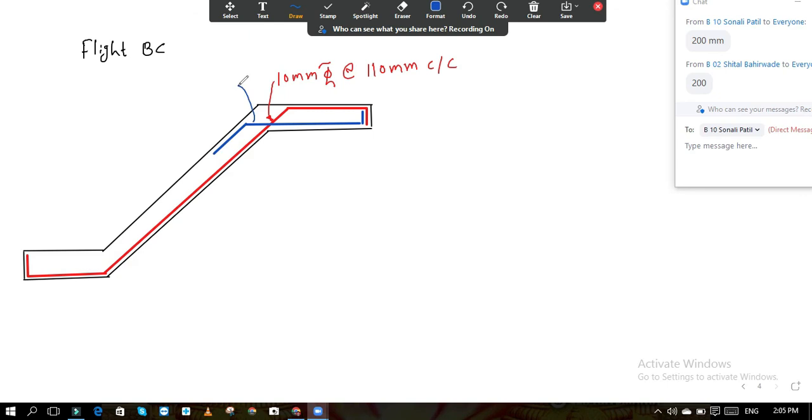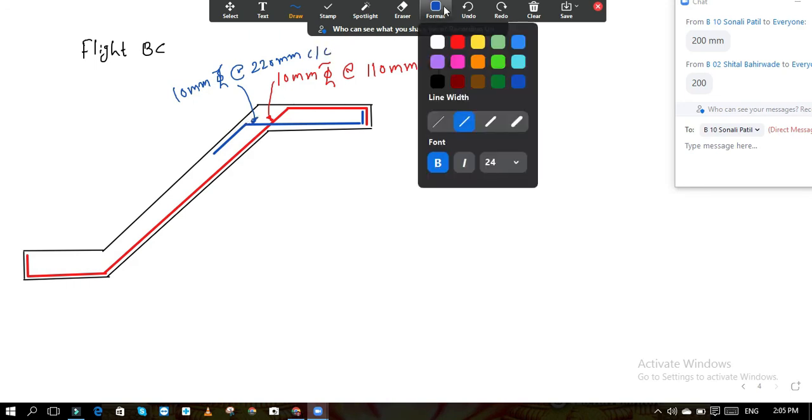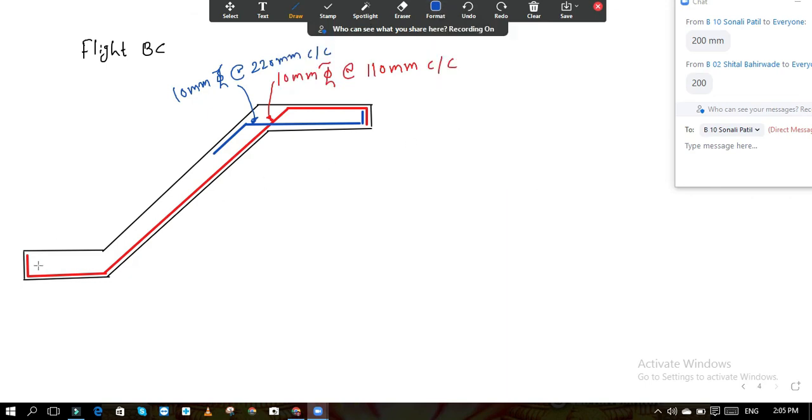This bar is of 10 mm diameter, about just double the spacing of main steel, 220 mm center to center. Okay, a similar top extra bar is there at this landing also.